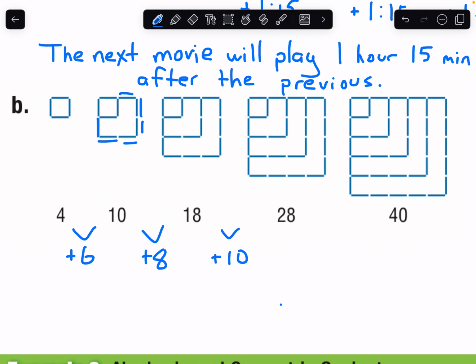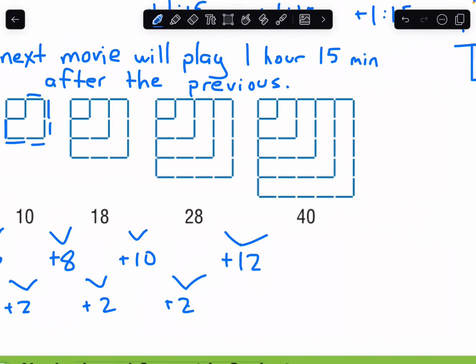So that's not consistent, but notice the numbers added are growing consistently. So 2 more there, 2 more there. Let's check what would it take if I added 2 more here. That means I would gain 12 from 28 to 40.